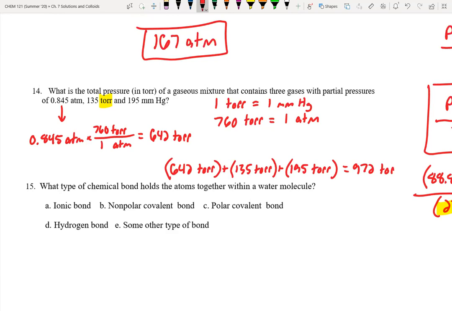Let me double check my work though. Yep. All right. Is that what everybody else is getting? I got the same. Okay, perfect. One mistake students make is they just start adding things together without realizing the pressures are in different units. So sometimes just slow down and double check your work.